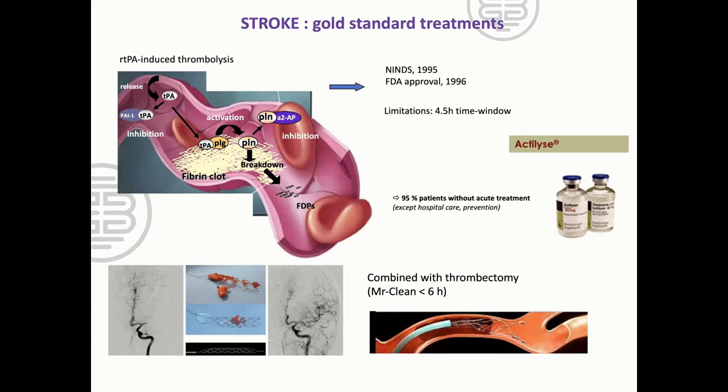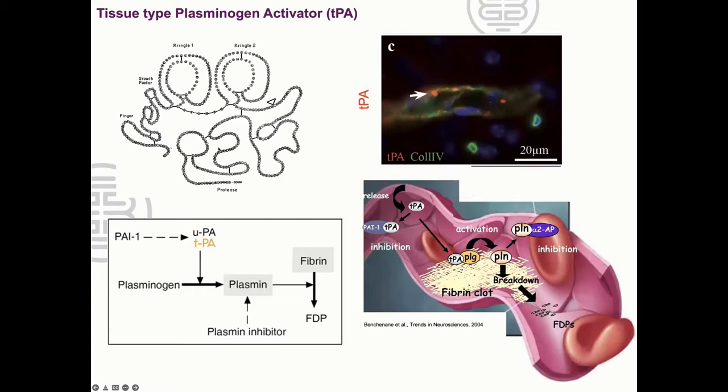It is important to know that the tPA contained in Actilyse is also a natural molecule which is produced by endothelial cells and usually released into the circulation to activate plasminogen into plasmin and to promote clot lysis.